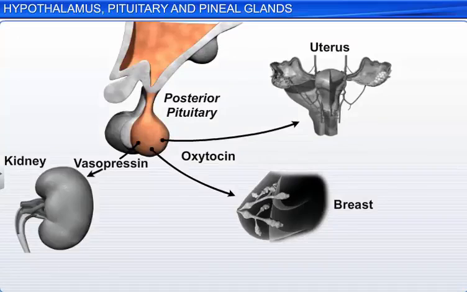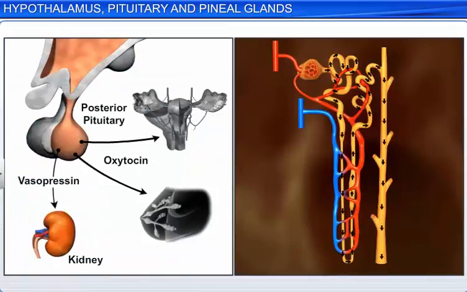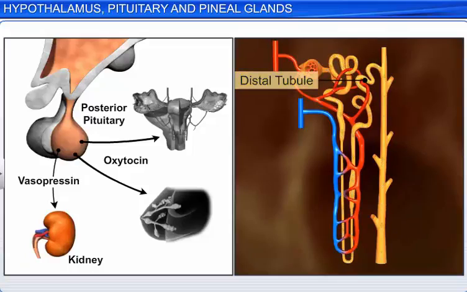In females, oxytocin enhances contraction of smooth muscle cells in the wall of the uterus at the time of childbirth and milk ejection from the mammary glands. Therefore, oxytocin is known as the birth hormone and milk ejection hormone. Vasopressin stimulates the kidneys to reabsorb water and electrolytes into the blood by the distal tubules.